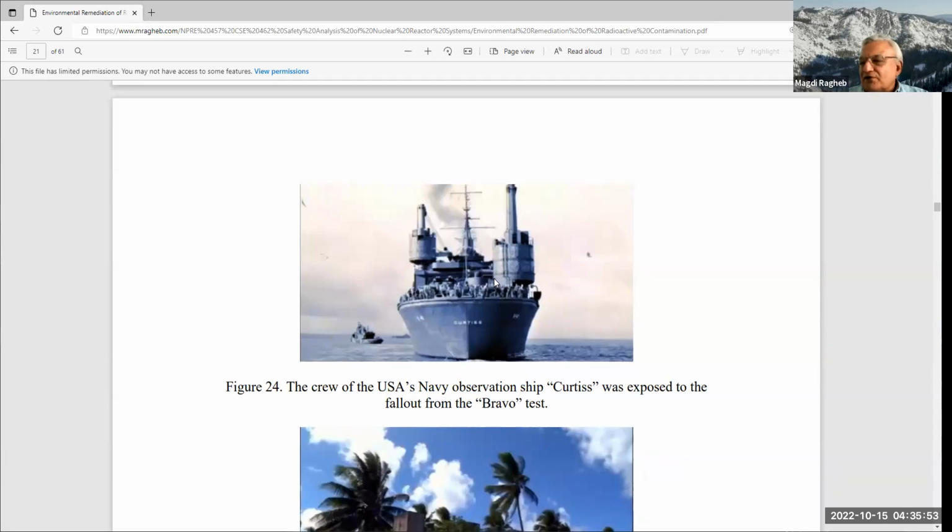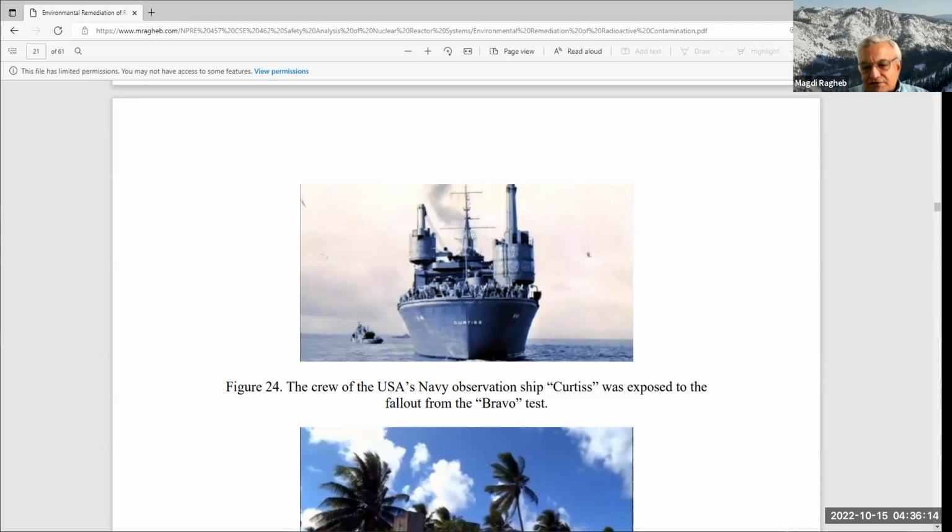And at some point, they were even worried that the test would ignite the atmosphere of the Earth and turn the Earth into a star. In that case, fusion would happen between the nuclei of nitrogen. And you know that of the air we breathe, 70% is nitrogen, and only 15% is oxygen.